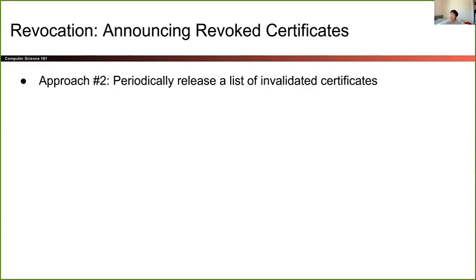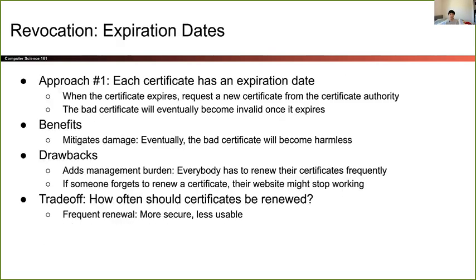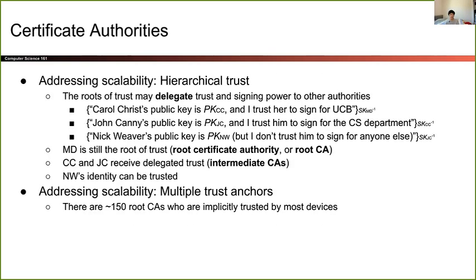Those stay forever. So in reality, when we're dealing with delegated trust, we'll go back to this for a moment. Each of these are certificates, and all of these are also going to have their own expiration dates. So technically, even root certificate authorities have expiration dates because we don't want to trust them forever.